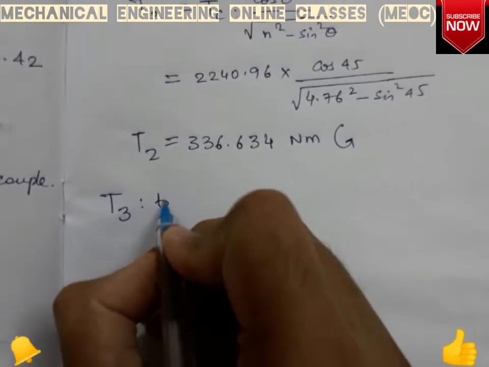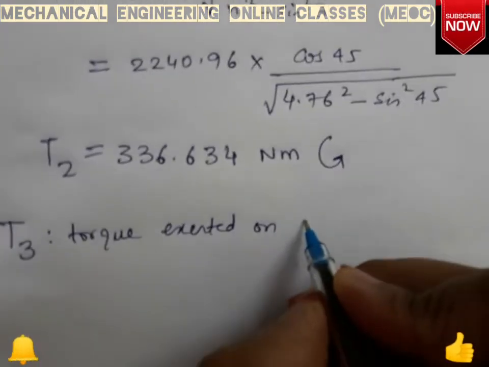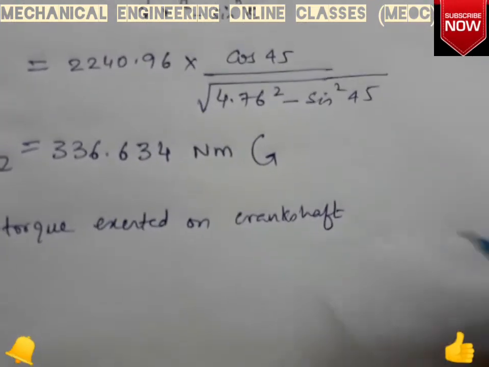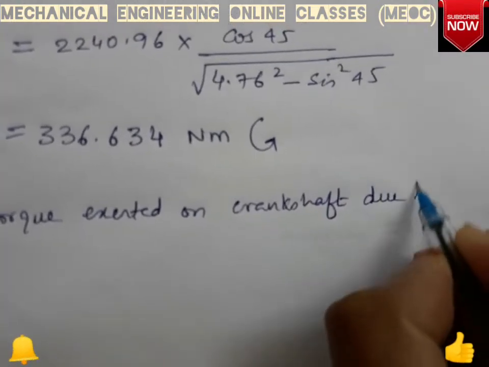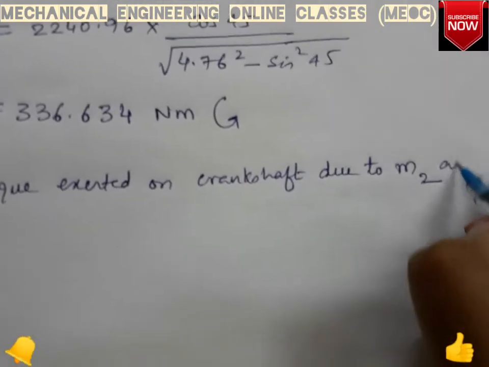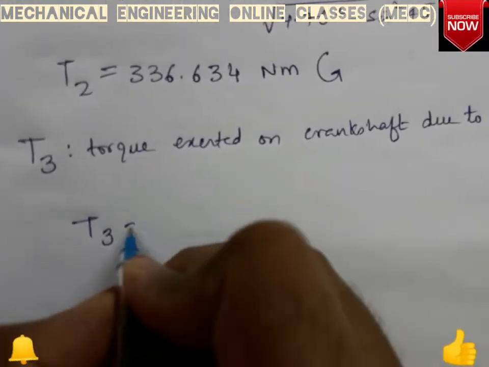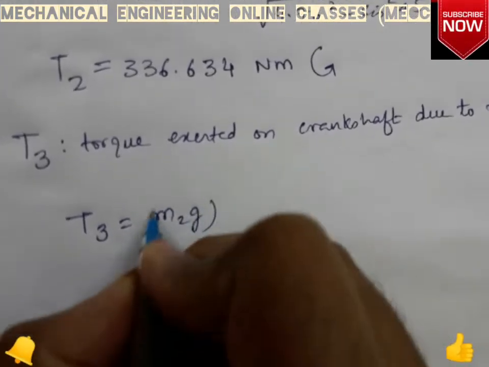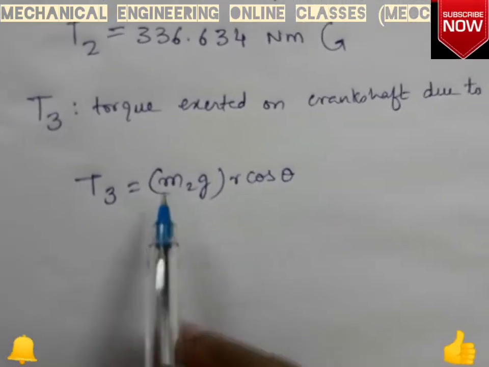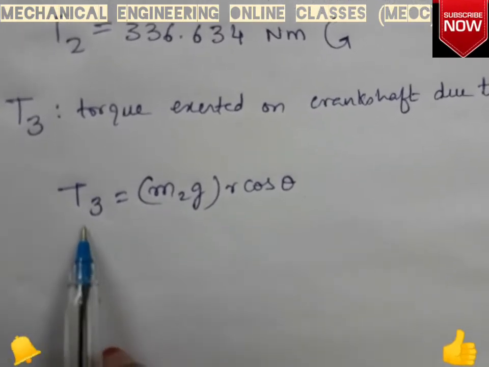Now let us find T3. T3 is the torque exerted on the crankshaft due to the mass attached at the big end center, which is M2 at point C. We know that T3 is equal to M2 G into R cos theta. We have already calculated M2, and we know G, R and theta.